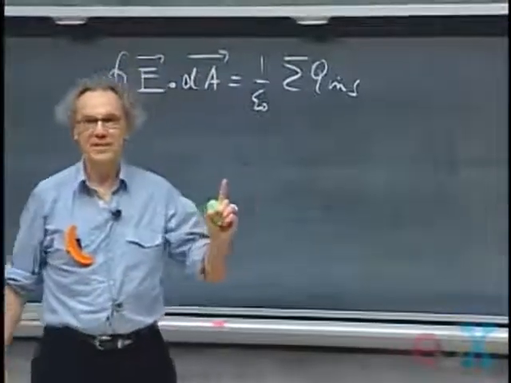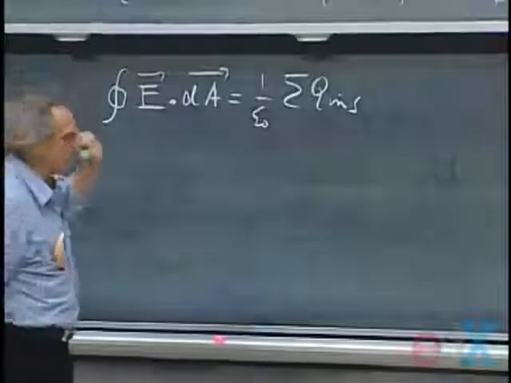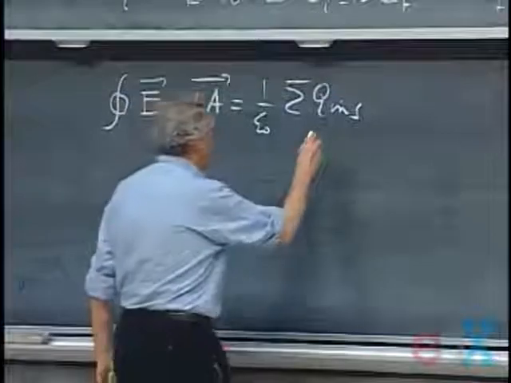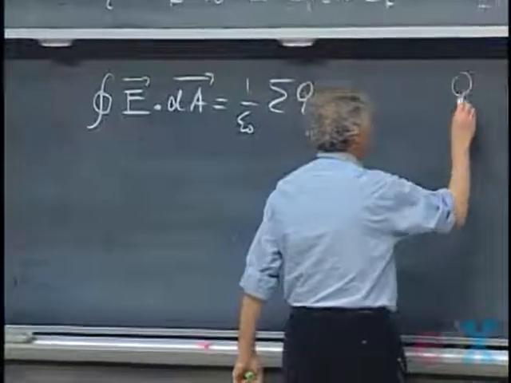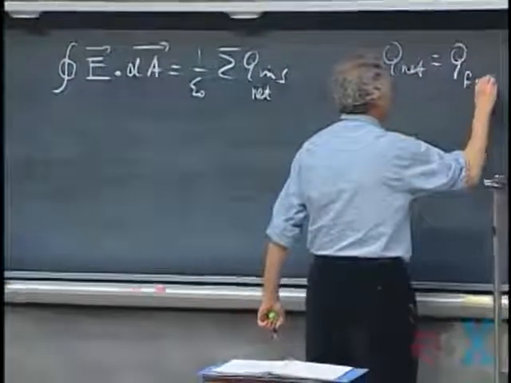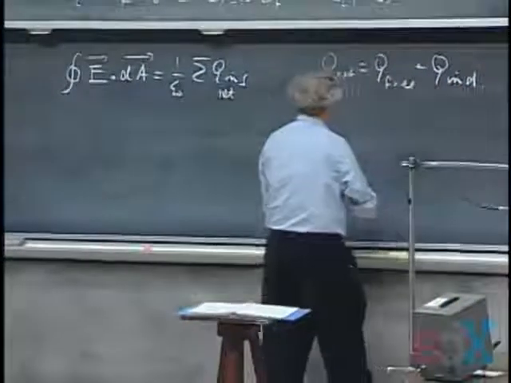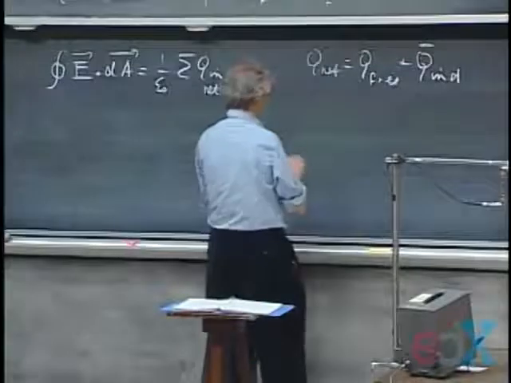All the charges, the net charges, that must take into account both the induced charge as well as the free charge. And so let me write down here net to remind you that. But Q net is of course Q free plus Q induced. And I want to remind you that this is minus and this was plus.